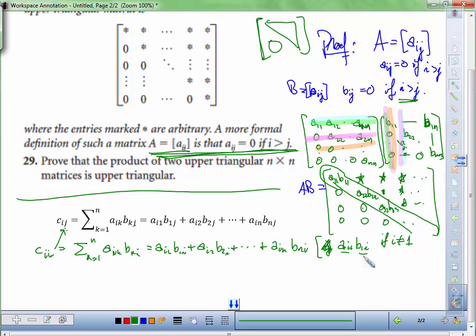Which one's going to be 0? So i is just anything bigger than 1 for this case.